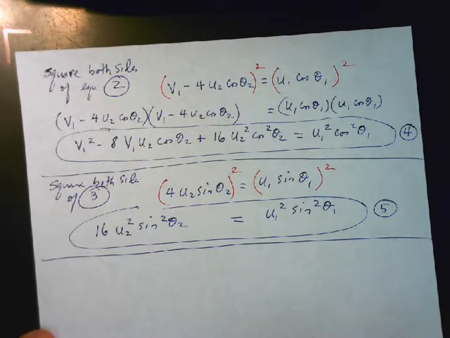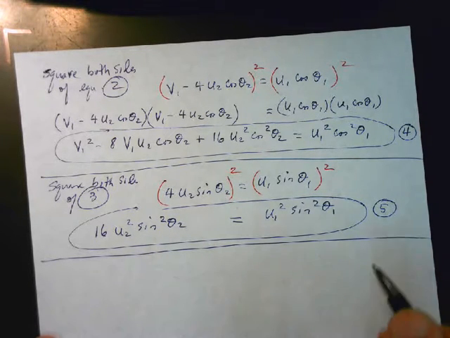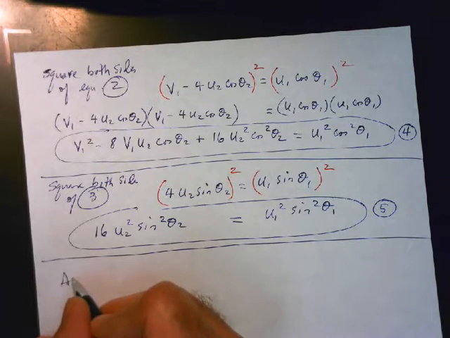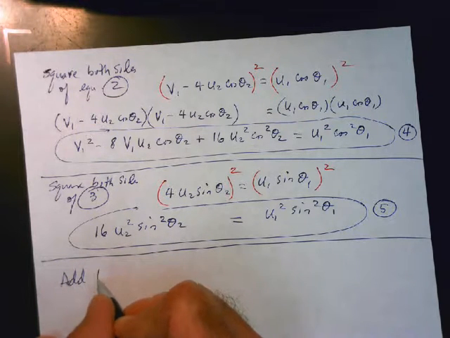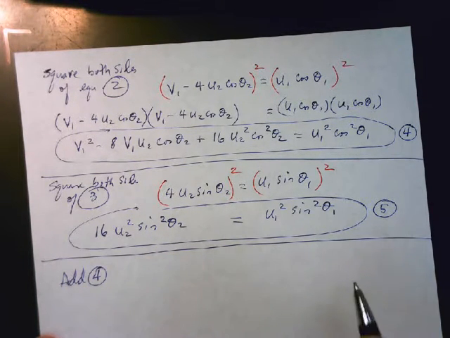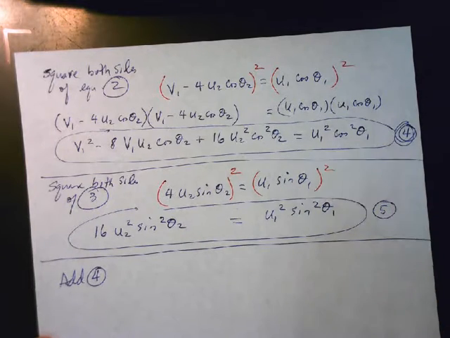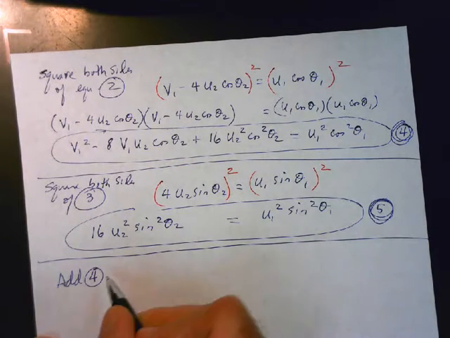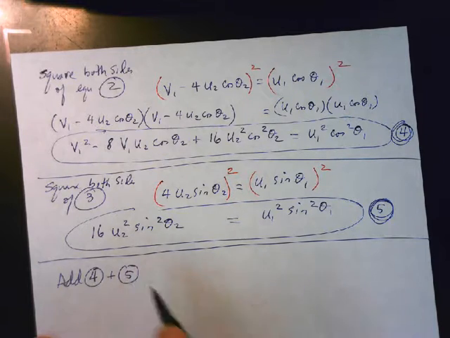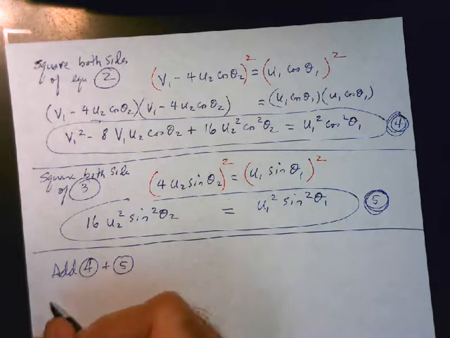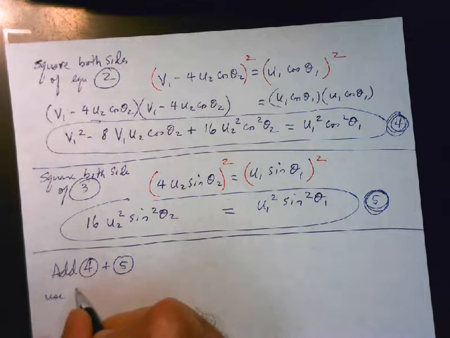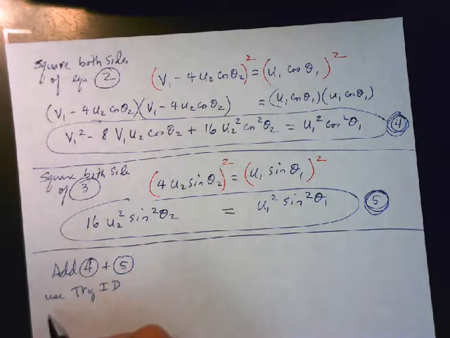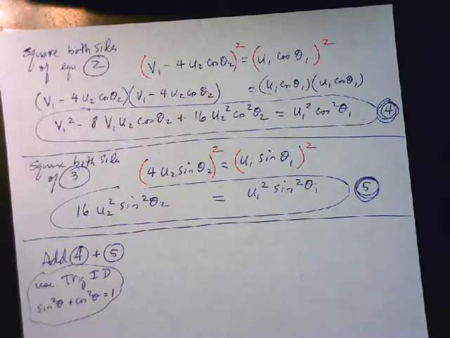Now if we add both equations 4 and 5 together, and then we're going to use a trig identity, which you're well familiar with, sine squared theta plus cosine squared theta equals 1. Then we'll make some progress.